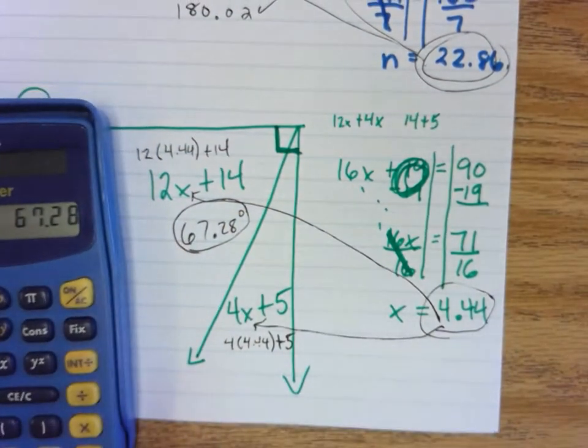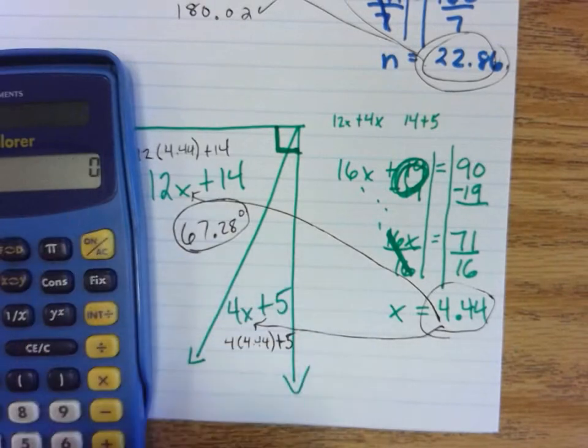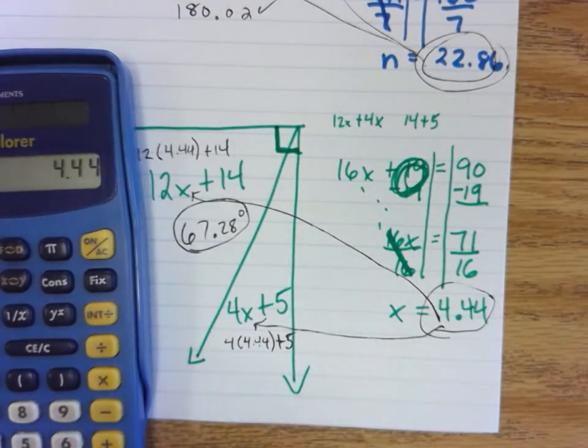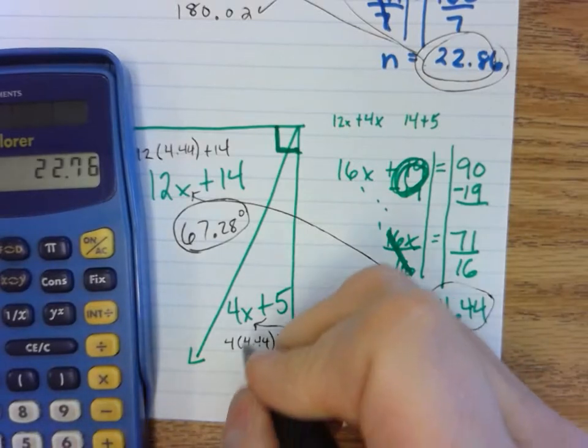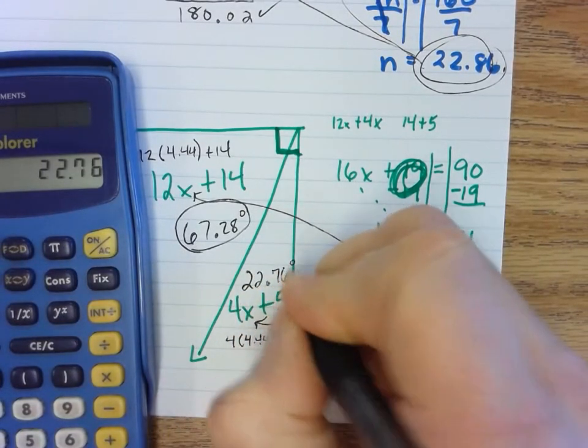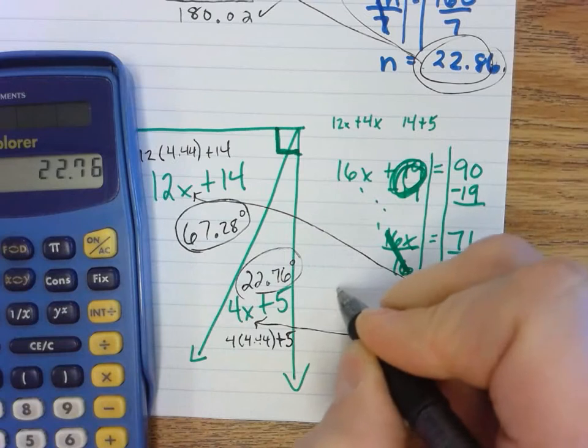Let's do the one down here, the smaller one. So we're going to go 4 times 4 and 44 hundredths plus the 5, which is 22 and 76 hundredths degrees. Now let's add those together just to make sure we did it right.